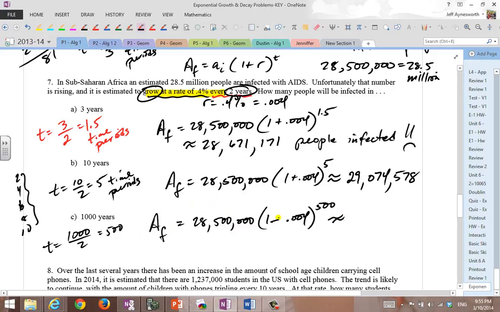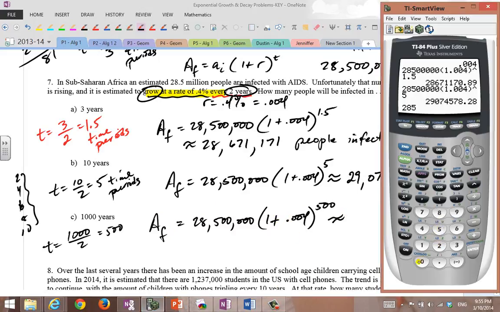This is not good, guys. So 28,500,000 times 1.004 raised to the 500 power. Not looking forward to this number here.